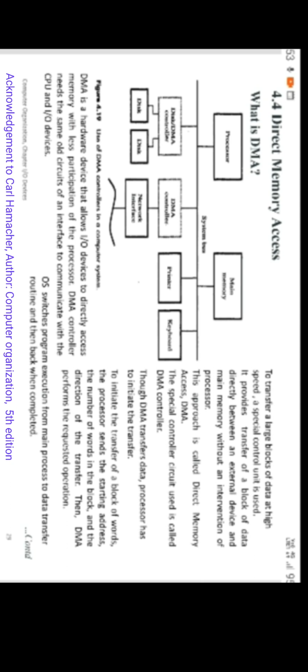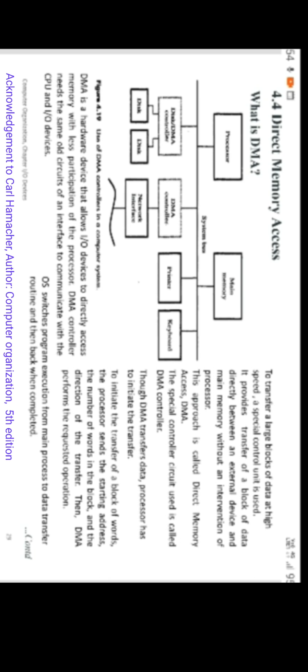Whenever a key is pressed to input data word by word, it is transferred to main memory involving the processor. In the case of the printer also, the data is transferred from main memory word by word over the system bus to the printer, involving the processor.